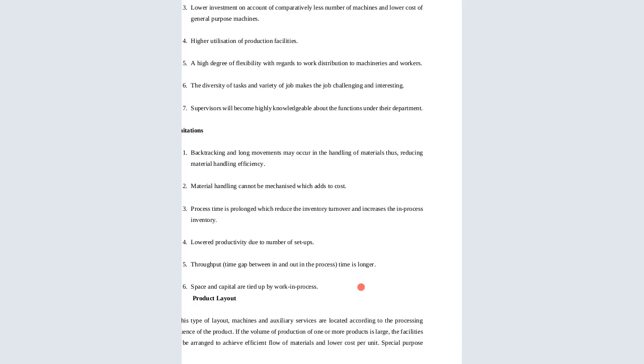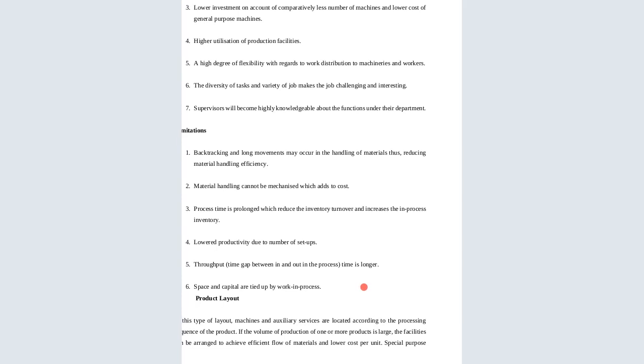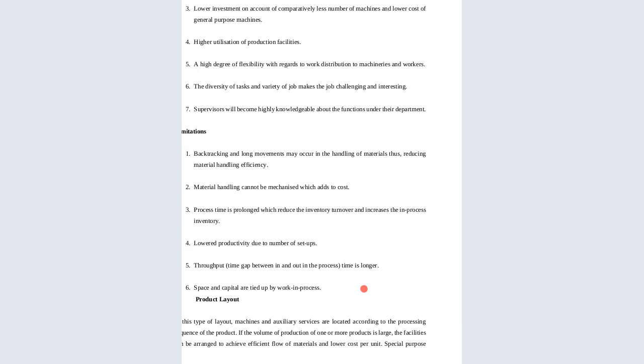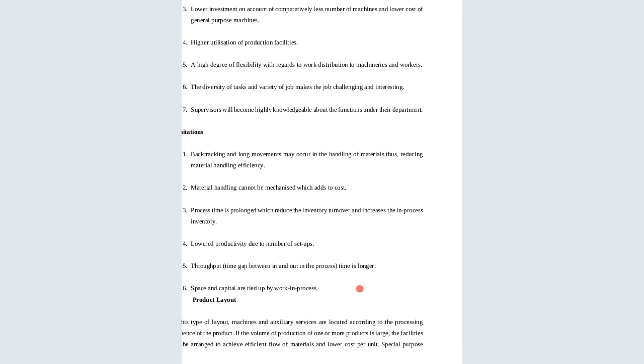Limitations. What are the limitations? Backtracking and long movements may occur in the handling of materials, thus reducing material handling efficiency. Material handling cannot be mechanized, which adds to cost. The process time is prolonged, which reduces inventory turnover and increases the work in process inventory.